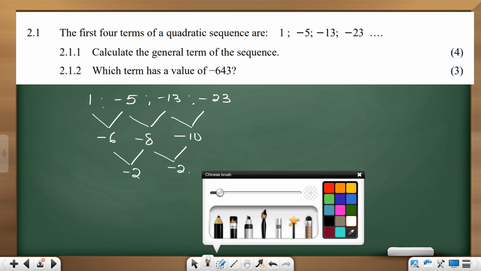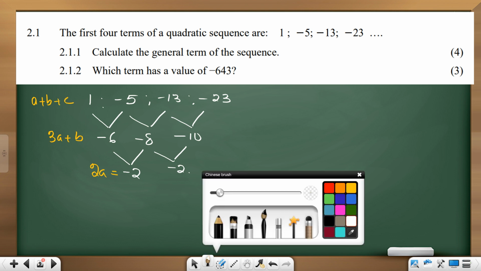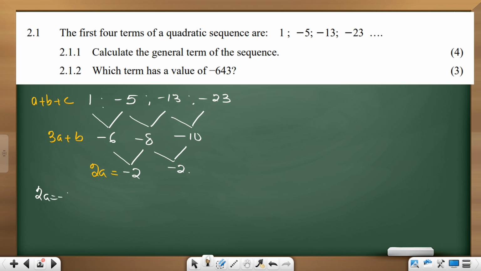Now, what else do we know? 2a, 3a plus b, a plus b plus c. Okay? So 2a equals to -2. Let me increase my pace. 3 into -1 plus b. I'm just substituting. We all should know this, right? What will this give us? -3.